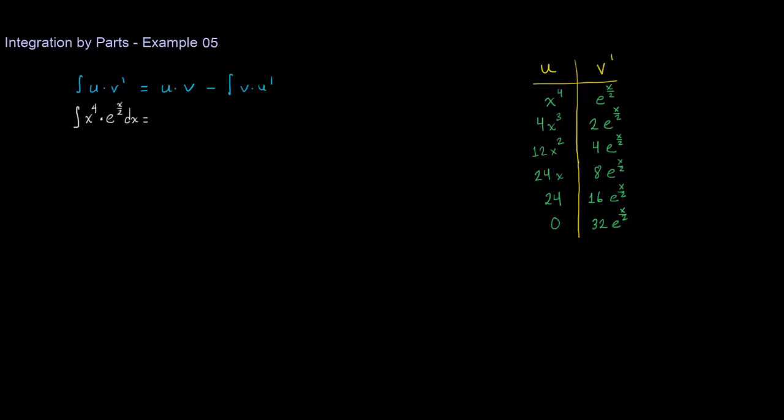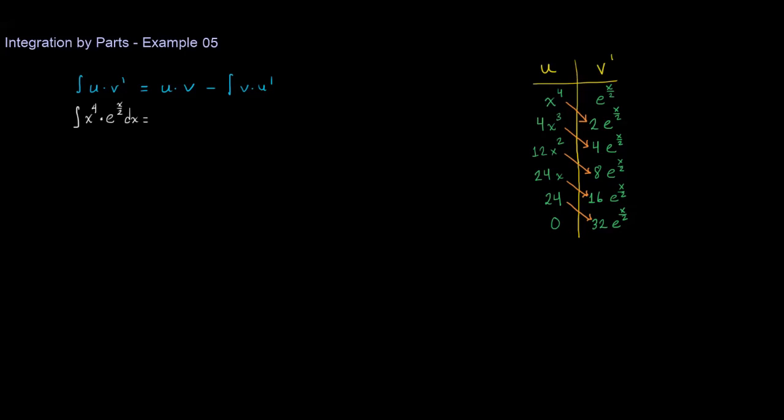I'm going to multiply the first term on the left by the second term on the right column. Then the second on the left column will multiply the third on the right column. It's going to multiply this one times this one, this one times this one, this one times this one, and then we stop because we reached the 0. Anything on the right side would be multiplied by the 0 anyway, so there's no point to continue.